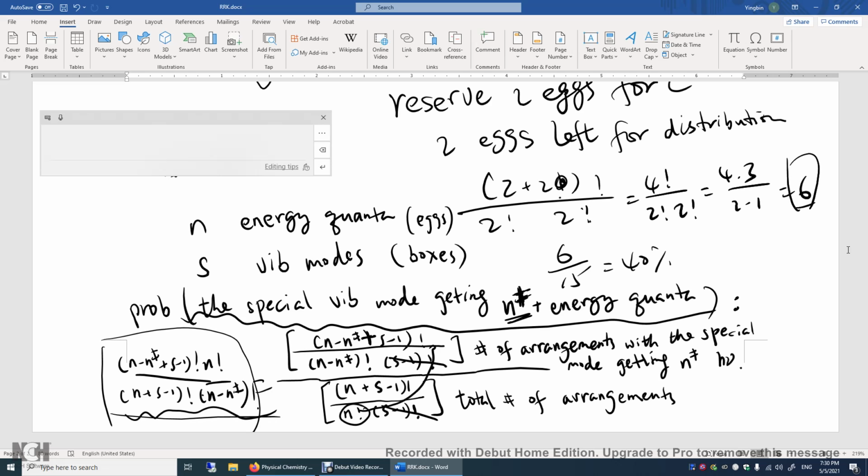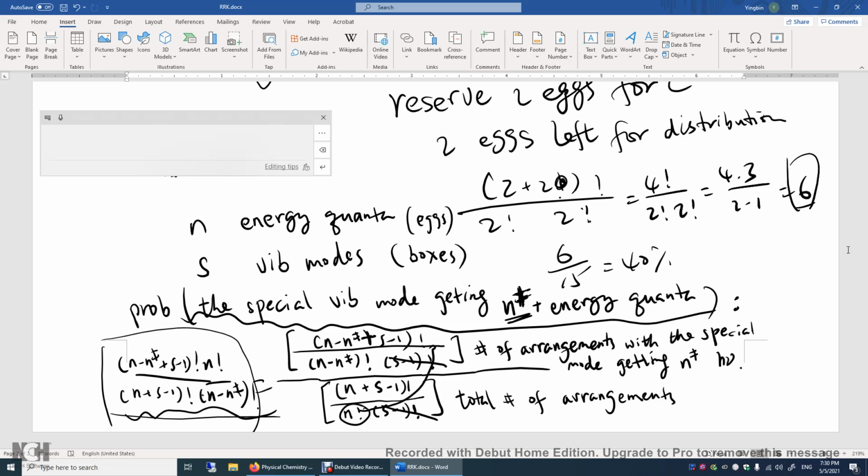It's n minus n double dagger plus s minus 1 factorial times n factorial, and then divided by two other factorials, n plus s minus 1 factorial and n minus n double dagger factorial. All right, this is the probability.